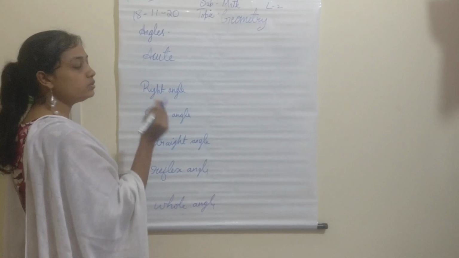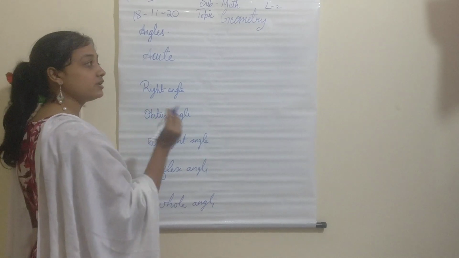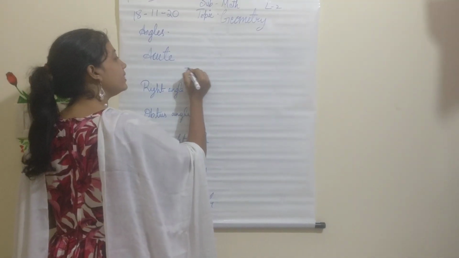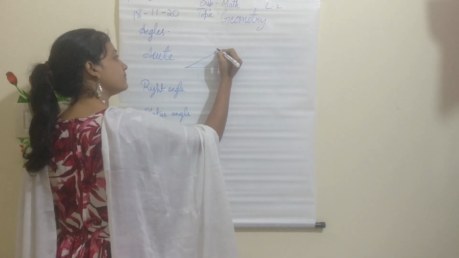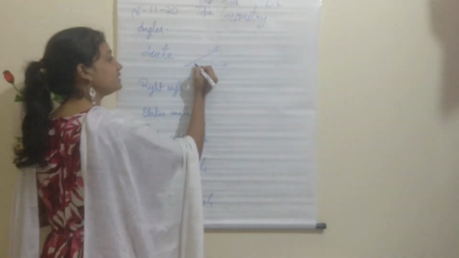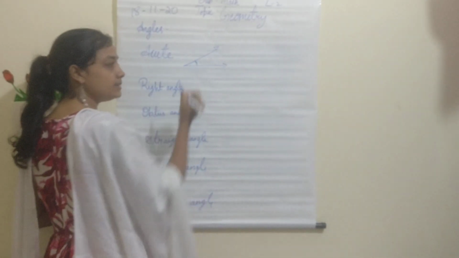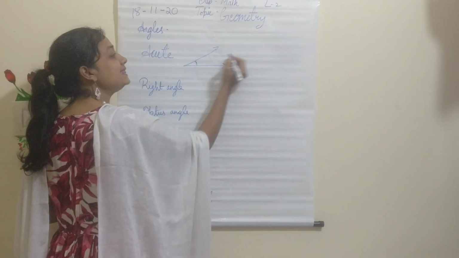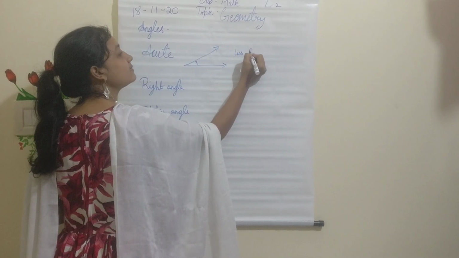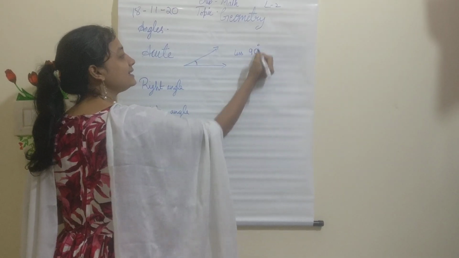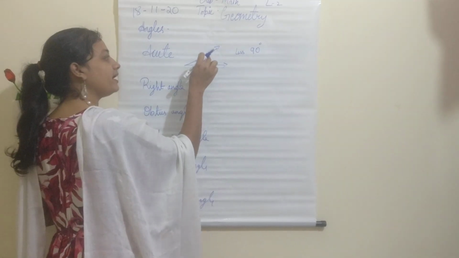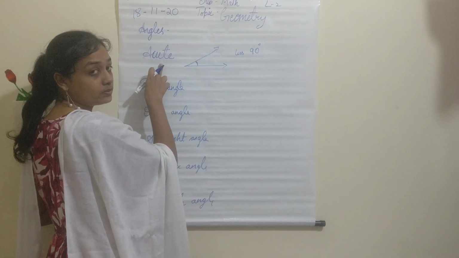So when you say a ray is having acute angle, when these two rays, the angle between them is less than 90 degree, then this angle is called acute angle.